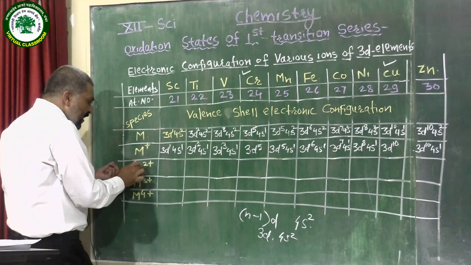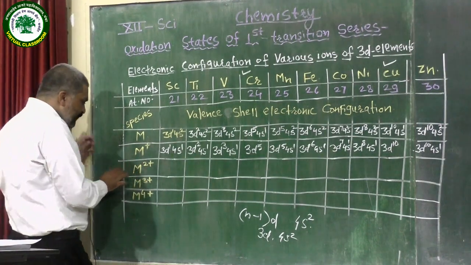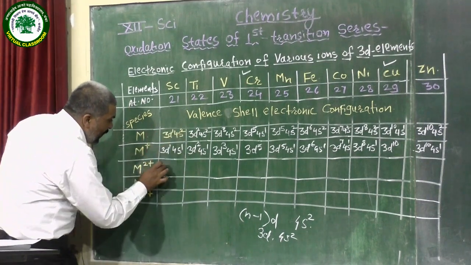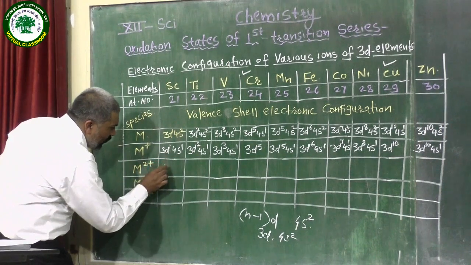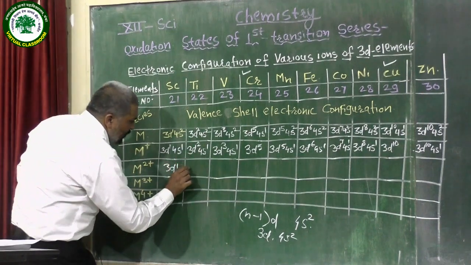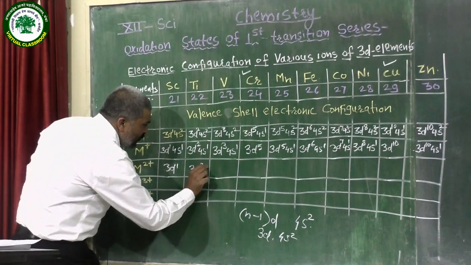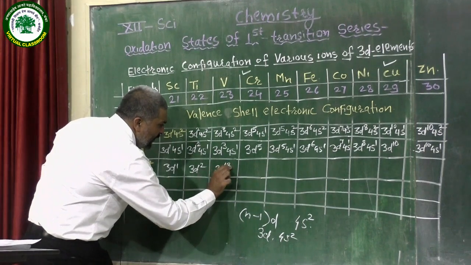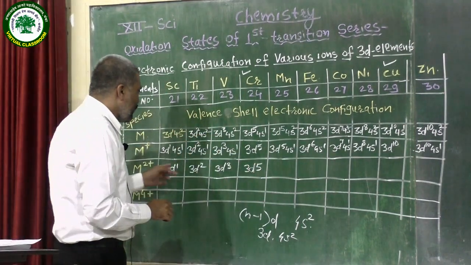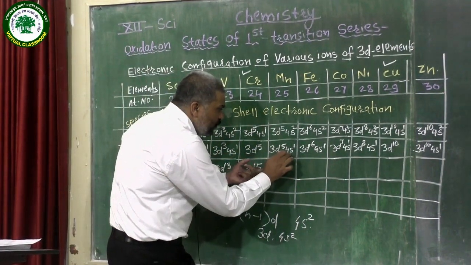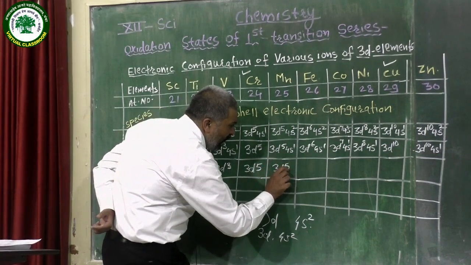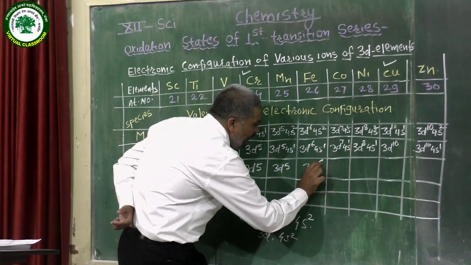Now we have to see the electronic configuration in M dipositive ion, or +2 oxidation state. Scandium loses one electron from 4s1, therefore it becomes 3d1, then 3d2, 3d3, and 3d5 in case of chromium. In case of manganese, when it loses one more electron from 4s, it becomes 3d5. In case of iron, 3d6.